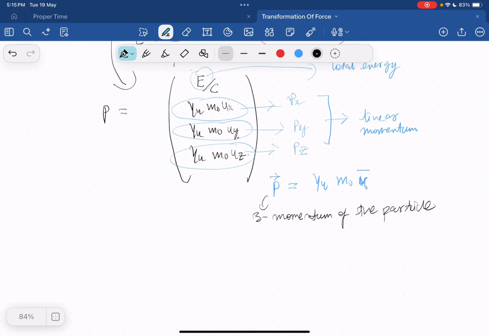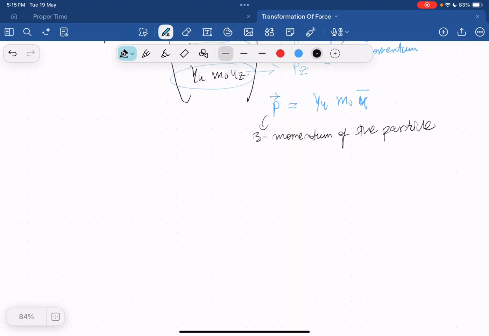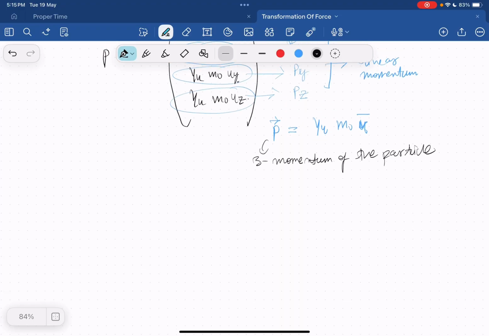Now similarly we can proceed to four force, right?